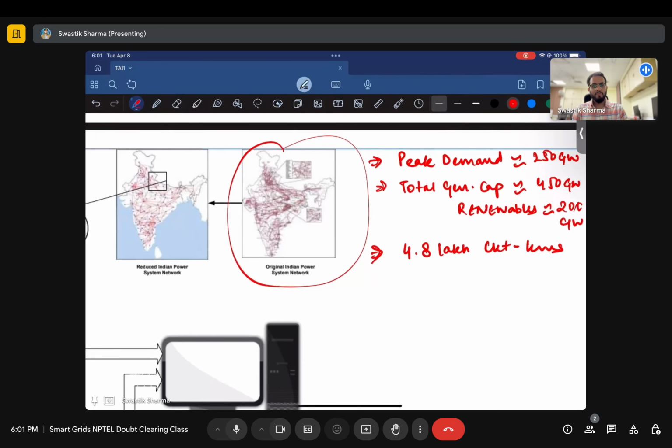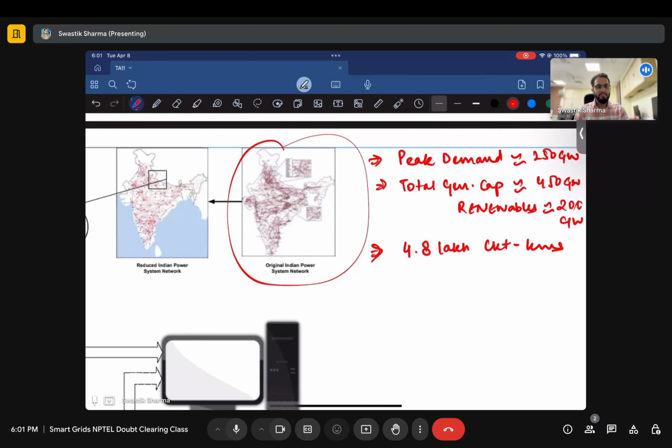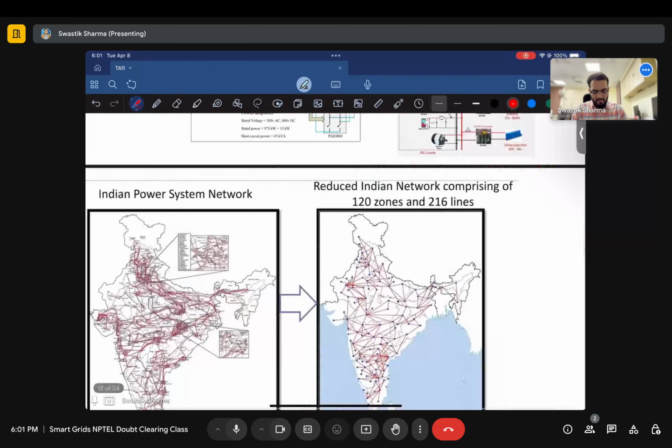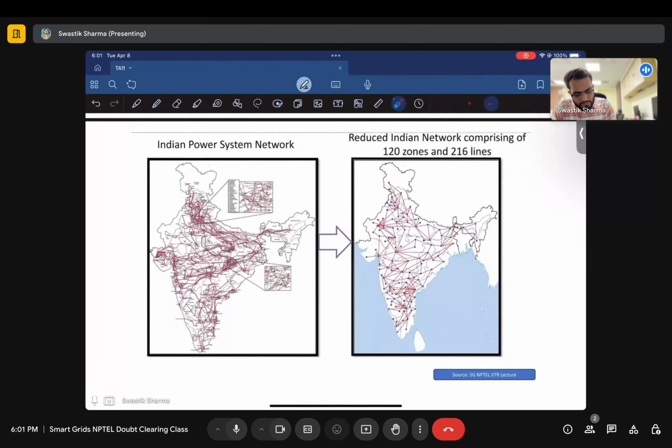Now what you want to do is retain the dynamics of the system, right? But to simulate it, you want to ensure that the reduced system you are taking is manageable, so you don't take this huge network. It is a huge system with many lines and buses, right? And what you do is you reduce this Indian network.